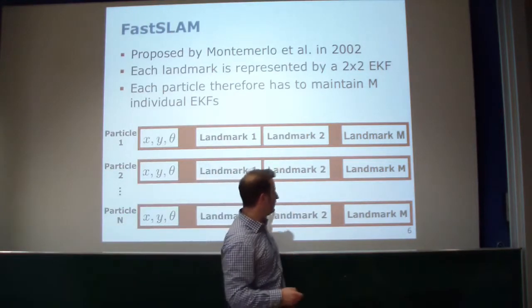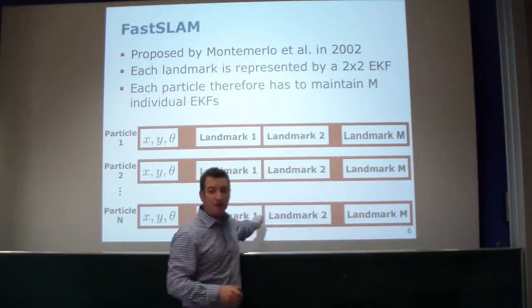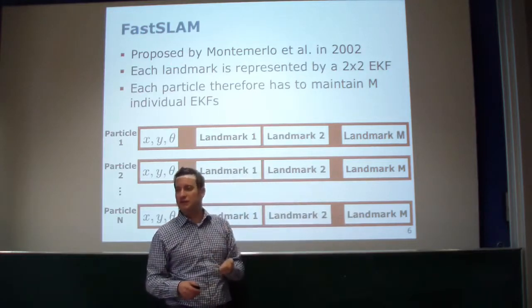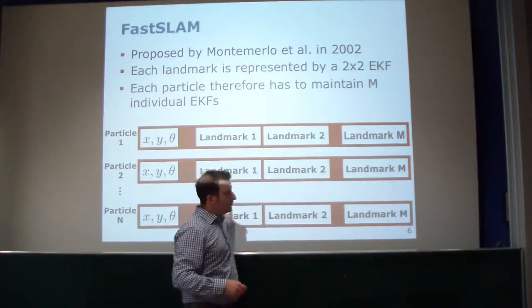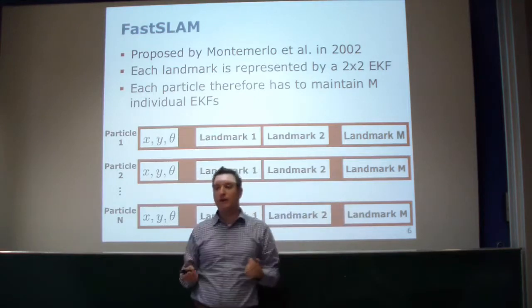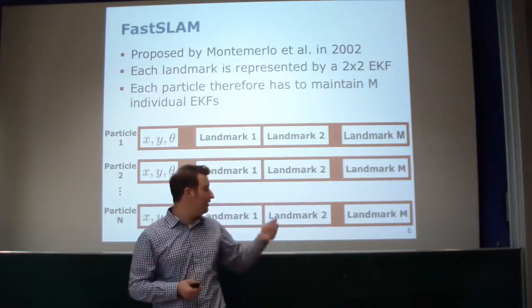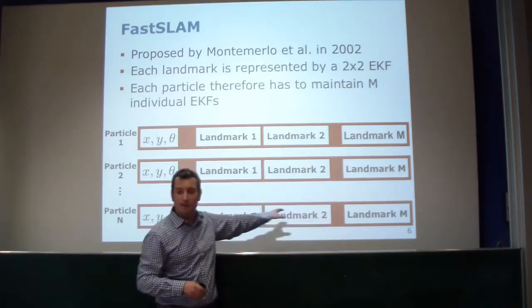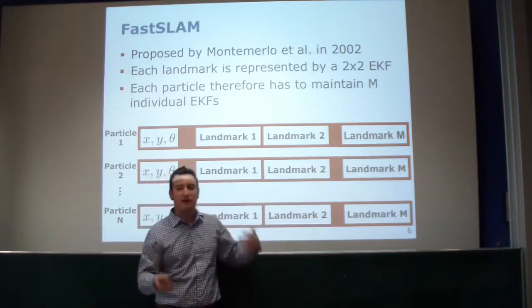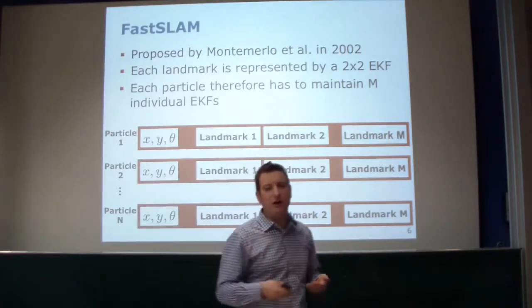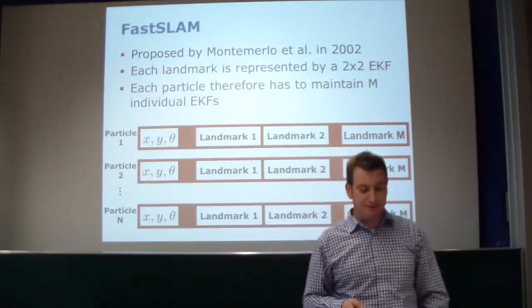But the important thing to note is every particle has its own landmarks, and this only can be done efficiently because these landmarks are 2x2 Kalman filters. If this dependency couldn't be exploited, these would need to be high-dimensional Kalman filters, and this would typically be very hard from a computational point of view.